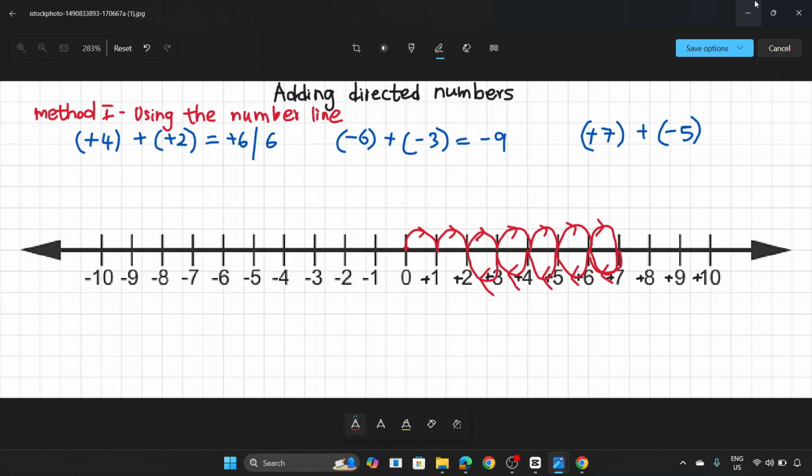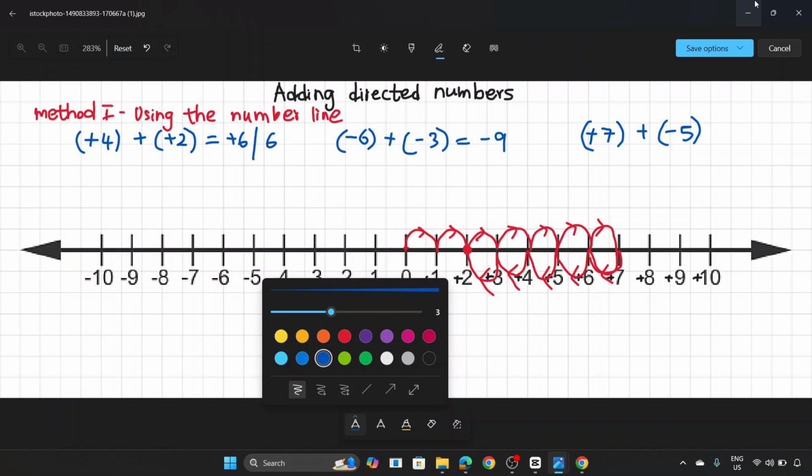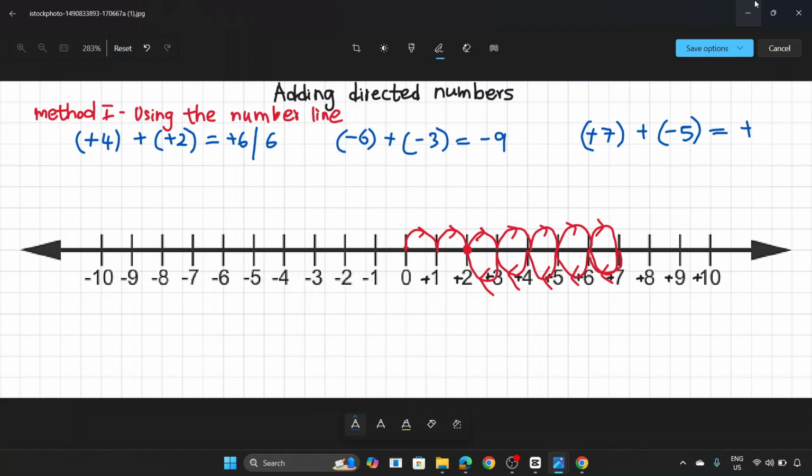Now where are you? You are now at plus 2. The answer is going to be plus 2. Or we can write this as just 2 because it is okay to write without the sign for positive numbers.